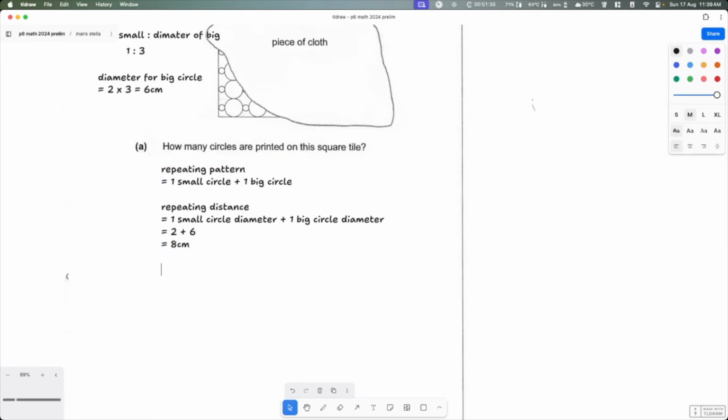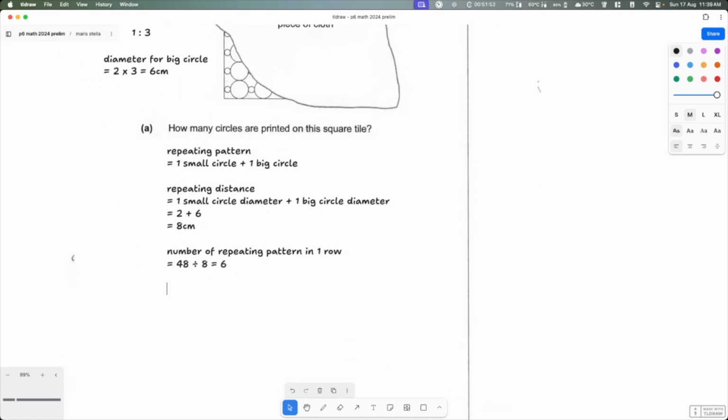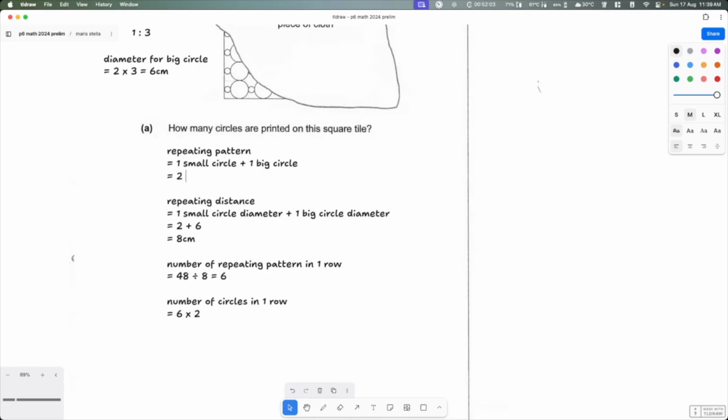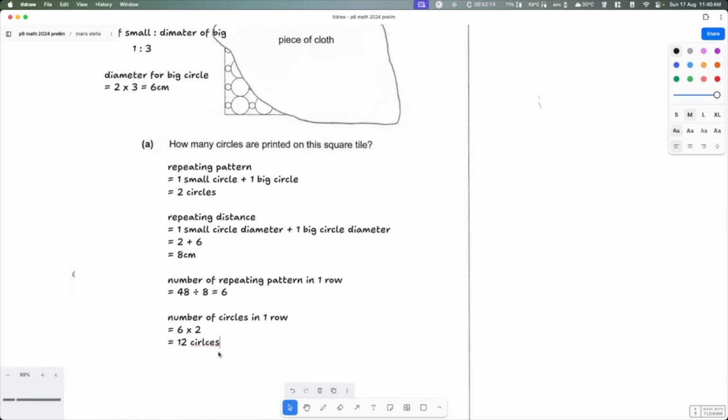So the number of repeating patterns in one row is equal to 48 divided by 8, which is 6. Then the number of circles in one row is 6 times 2, since each repeating pattern has 2 circles, so it is 12 circles.